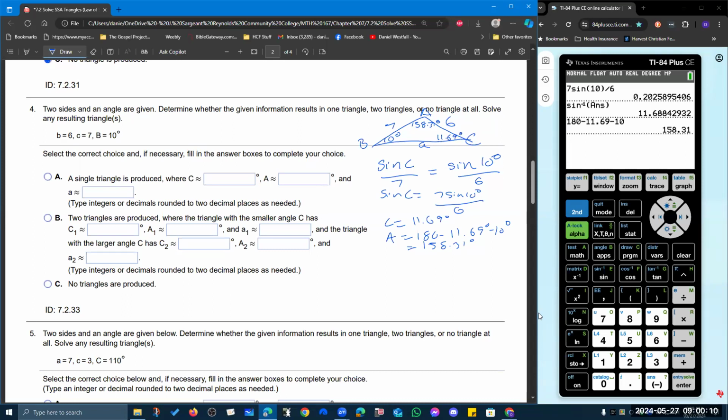And let's find side A while we're at it now. A is to sine of 158.31 degrees as 6 is to sine of 10 degrees. So A equals 6 sine of 158.31 degrees over sine of 10 degrees, which is about 12.77.